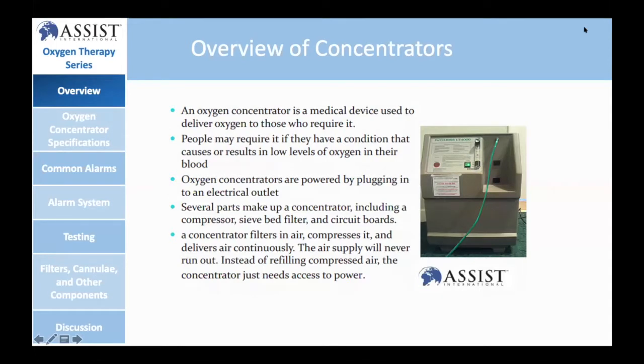So what an oxygen concentrator does is take in ambient air and separate oxygen from mainly nitrogen. Then it provides medical grade oxygen of up to 93%, as I said.